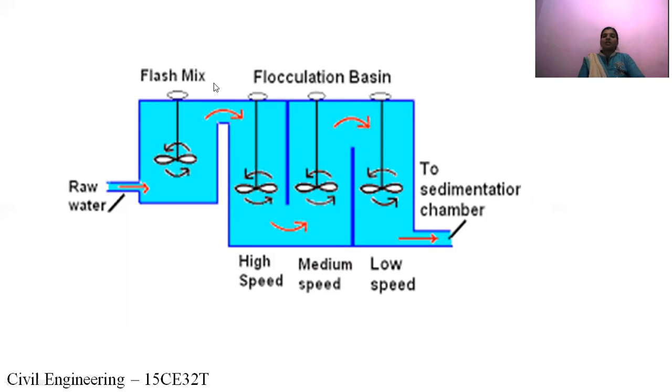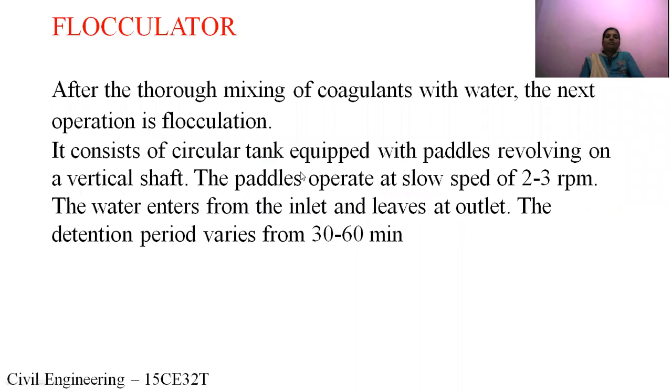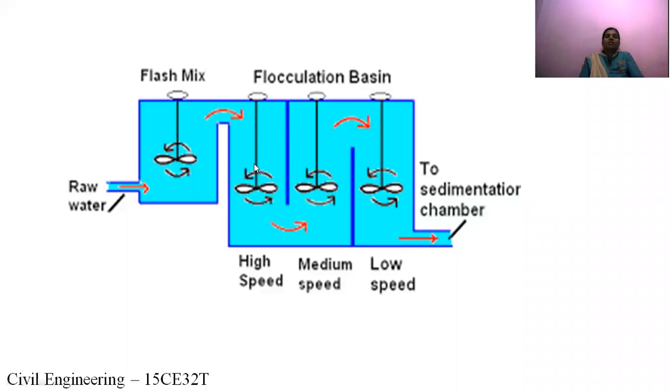This is the flash mixer chamber. This is the flocculation basin. Here impeller or paddles are provided to the vertical shaft.